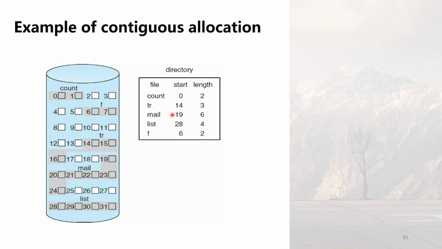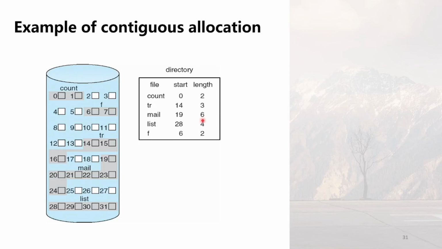For example, let's consider the file mail, whose starting point is 19. This means it began storing data from the block with index 19. The file size of mail is shown as 6 in the directory, indicating it requires 6 blocks for storage.